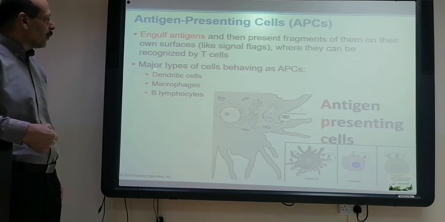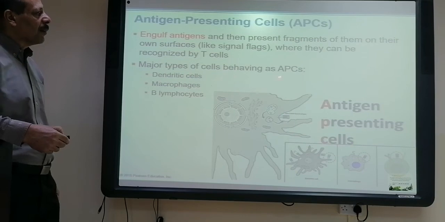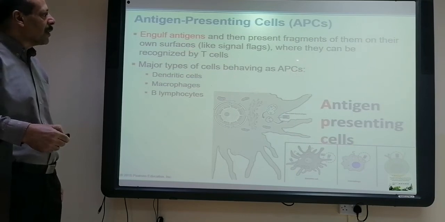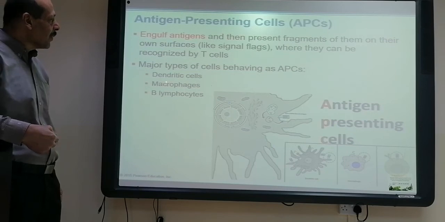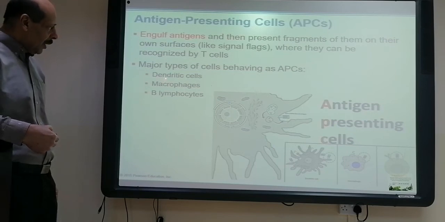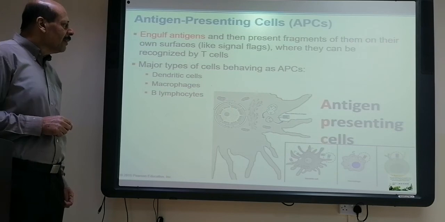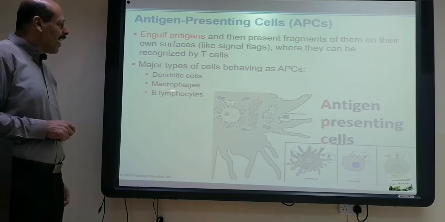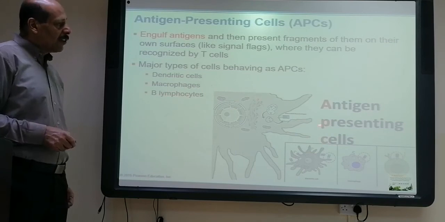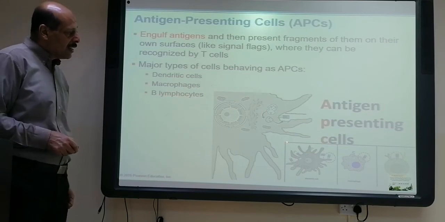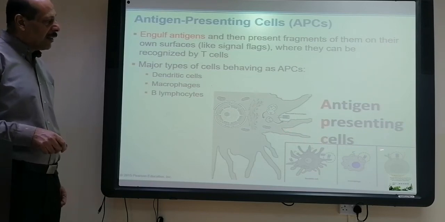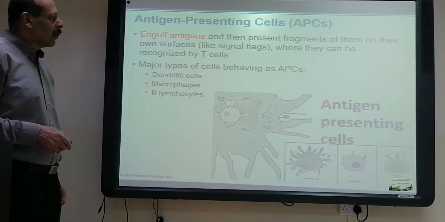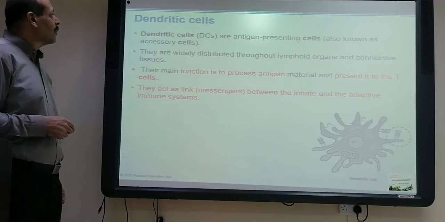The major types of antigen presenting cells are dendritic cells, macrophages, or B lymphocytes. They are tagging those cells in order for them to be attacked.